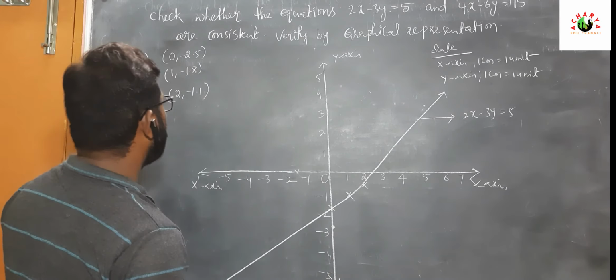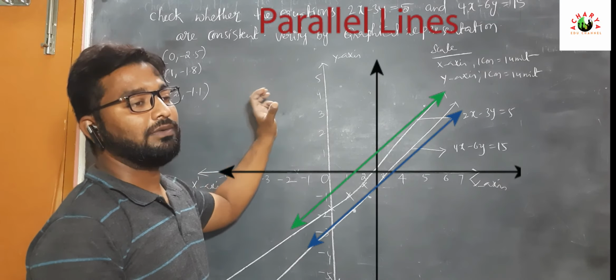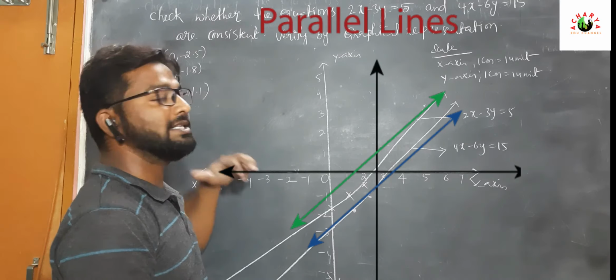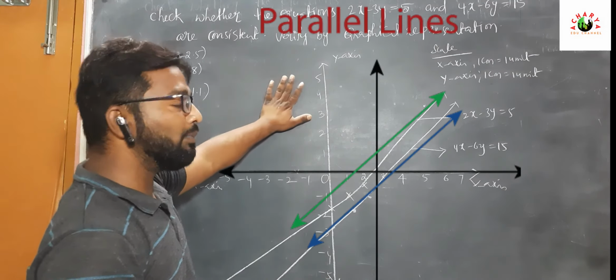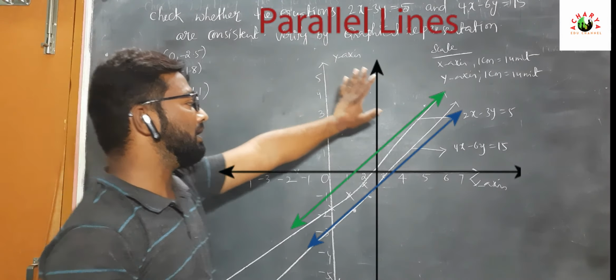Already we know, according to the coefficients, that the given pair of linear equations represents parallel lines. By using the graph also, we have shown that these two lines represent parallel lines.